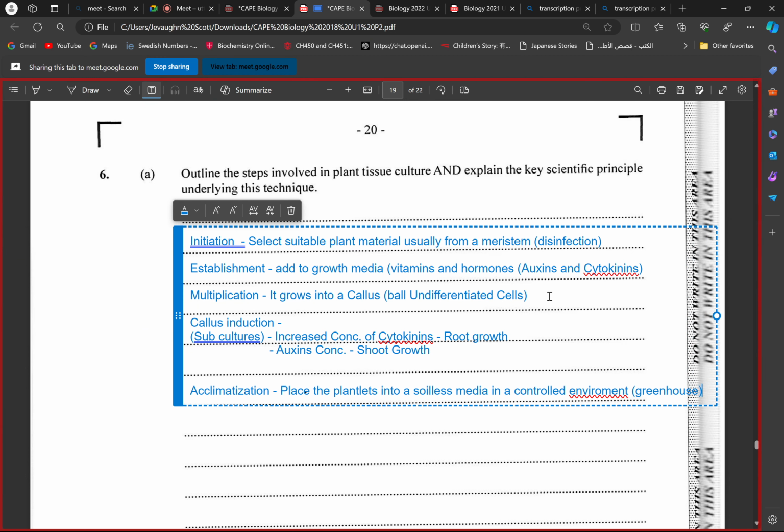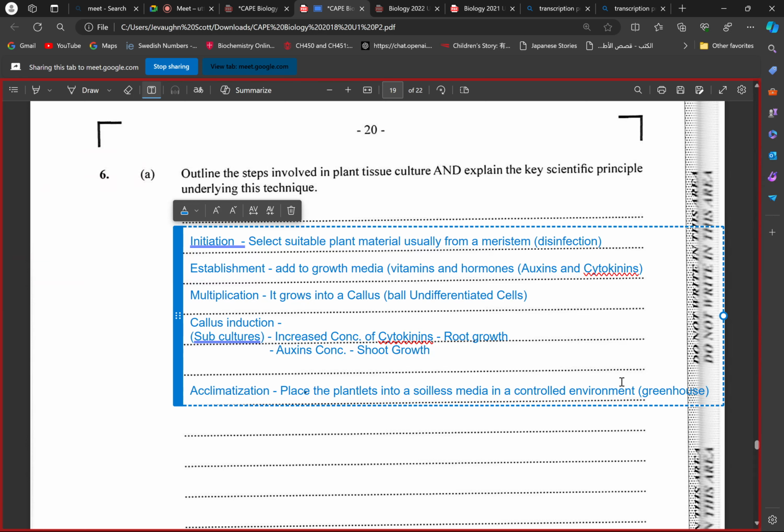So we know the information, we know the structures, we know the processes. Is acclimatization the same as hardening? Define hardening. I think hardening is when you take the plantlet out of the area that it was being grown in and introduce it to the soil.